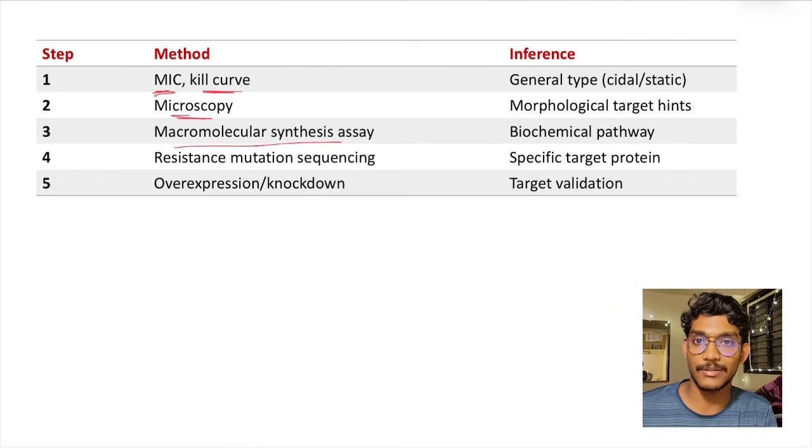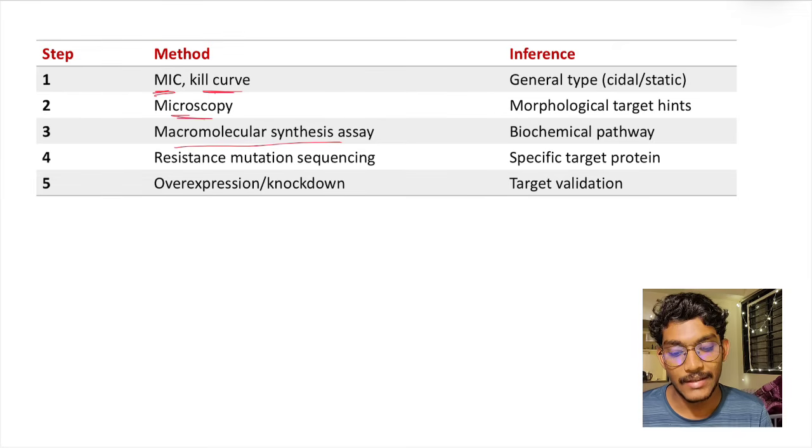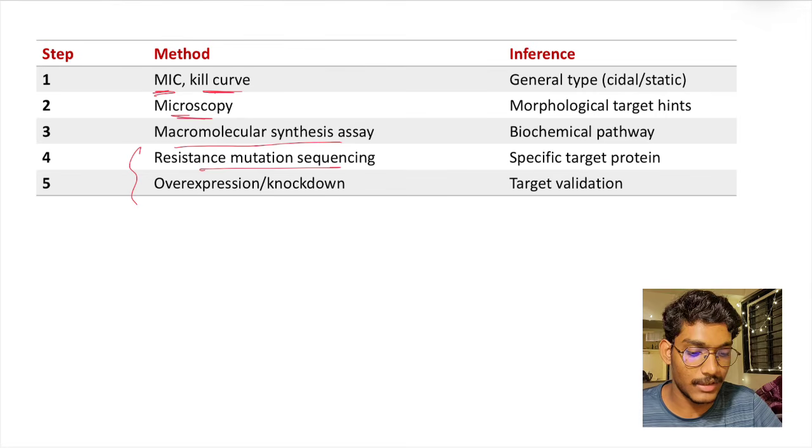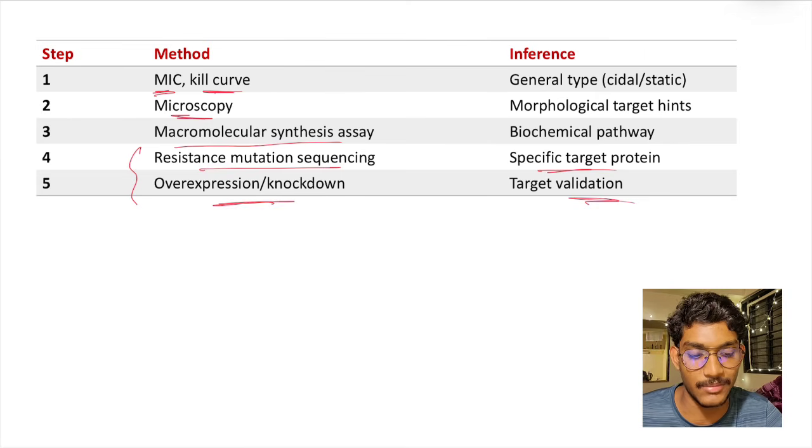If the incorporation of the DNA synthesis precursor is decreased, then the drug is possibly targeting the DNA synthesis pathway. And if we have any resistant strain, we will perform resistant mutation screening, and we will infer the possible target proteins, and we will validate our result by overexpression or knockdown experiments.